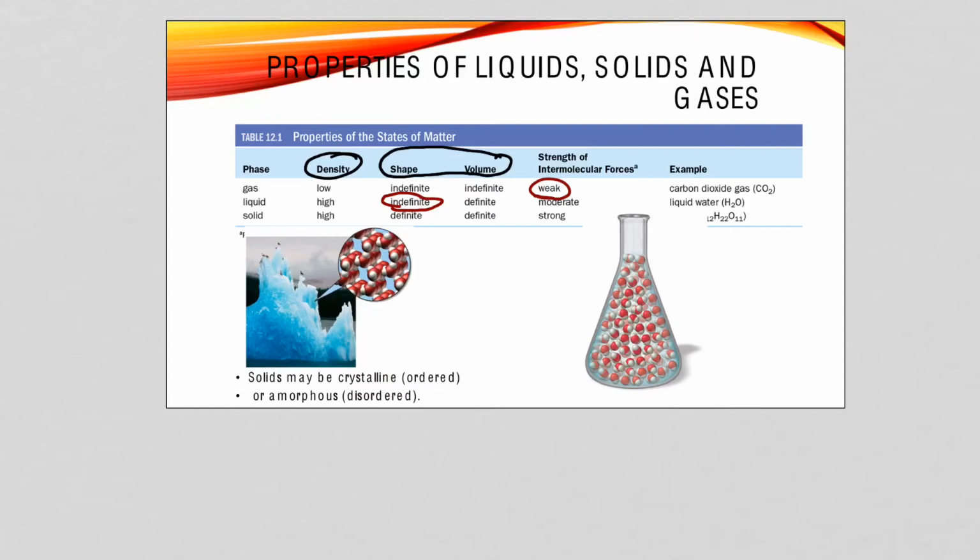They have a definite shape and a definite volume. And so all of these sort of ideas get tied back to the strength of the intermolecular forces within these liquids and solids. Now, we'll remind ourselves that there can be two kinds of solids, crystalline and amorphous, and we'll reference back to crystalline solids at the very end of the chapter when we sort of define different types of crystalline solids.